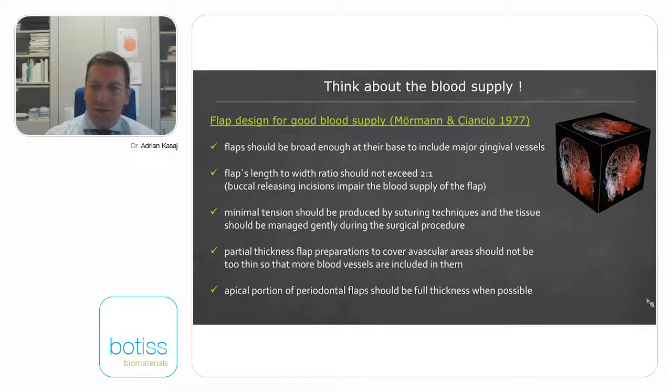So this is very important when working with the acellular dermal matrices, because these matrices are avascular, so we need sufficient vascularization of the overlying flap to give nutrition to this matrix. Otherwise, we will have problems with the early wound healing. So these are the rules for an optimal flap design to ensure good blood supply.